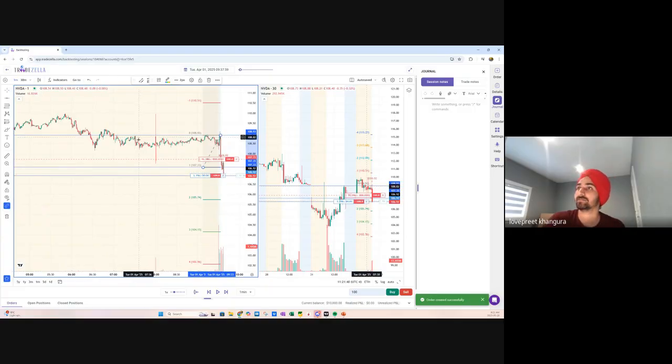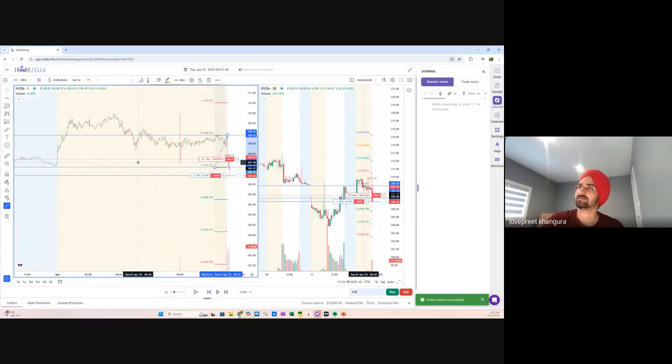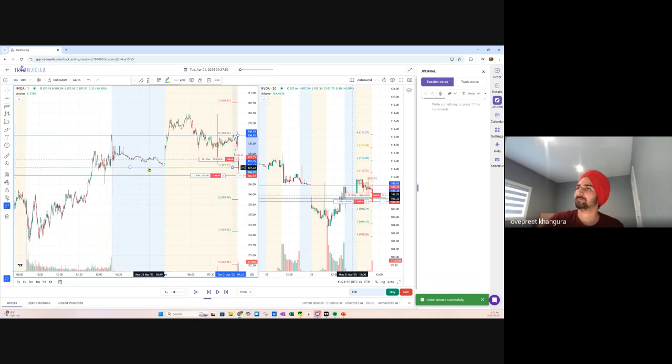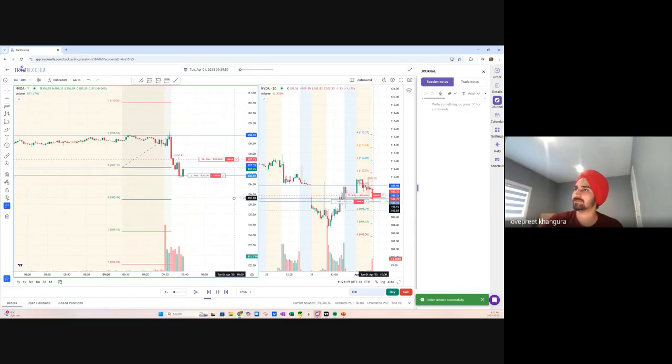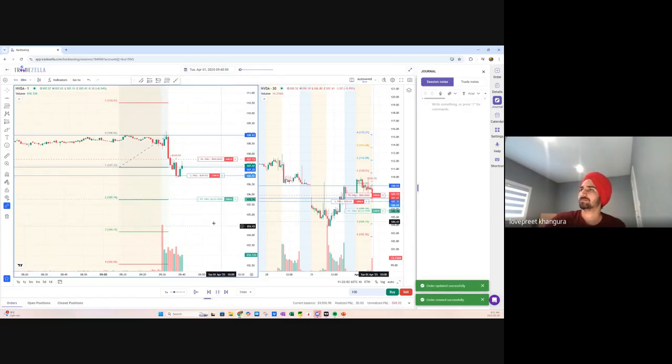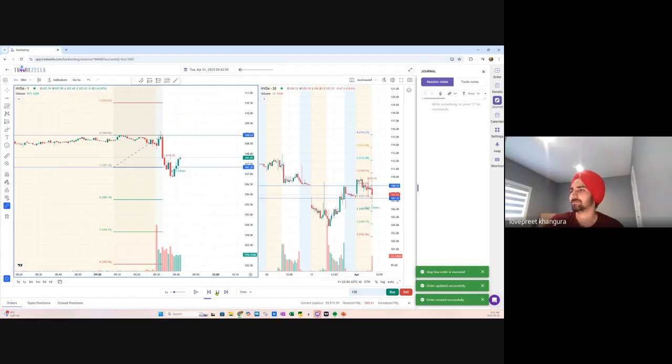For example, the target will be the same amount as it is from here to here. Let's go ahead and finish this. Oh, got stopped out.